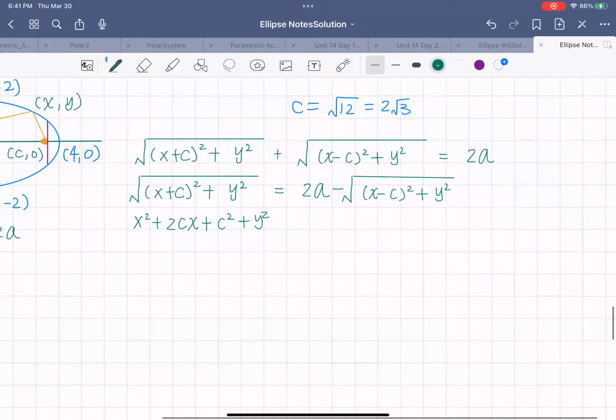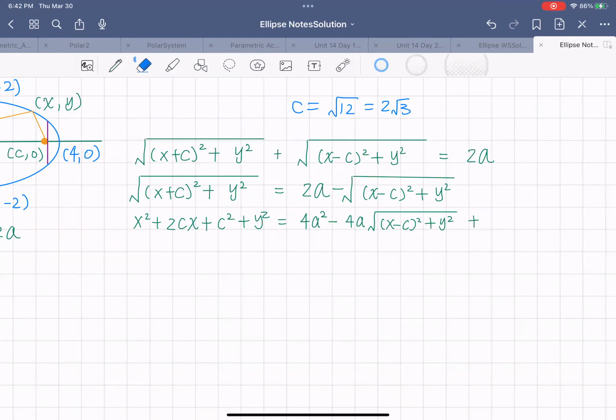Now, I need you to square the right side. Go ahead, please. 4a squared minus 4a, yes, times square root of x minus c parentheses squared plus y squared.